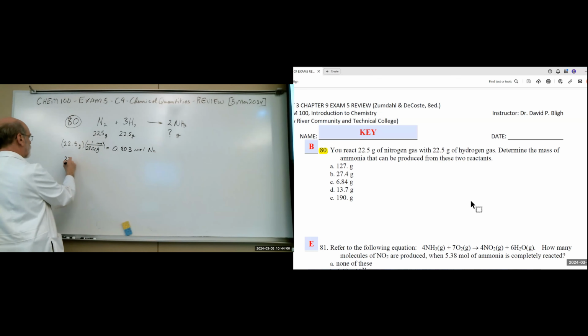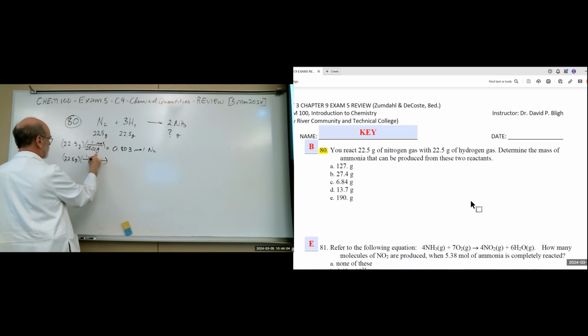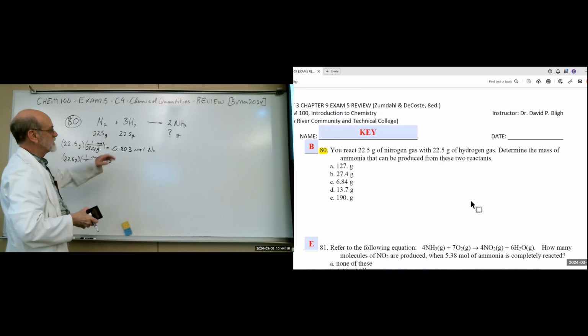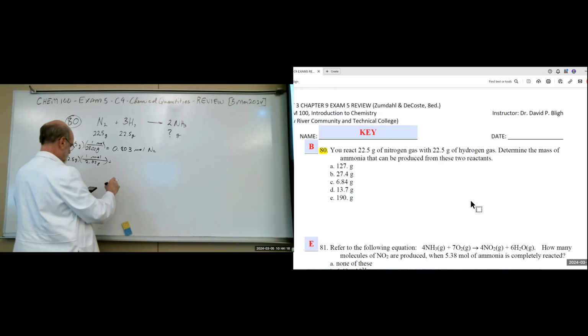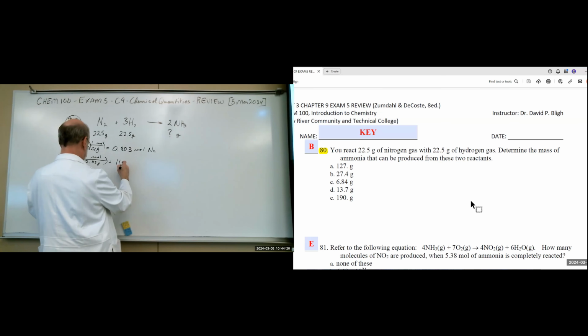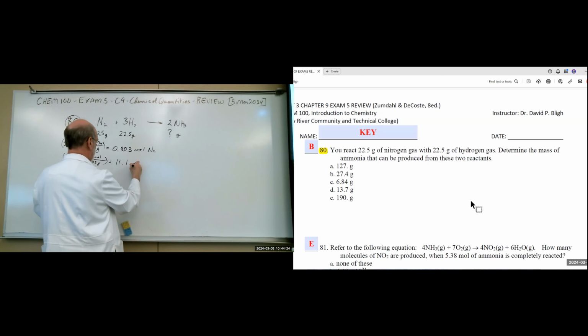How about hydrogen? Well, 22.5 grams. Hydrogen is 2.02 grams per mole. Because each one is 1.01. And that's 11.1 moles of hydrogen.